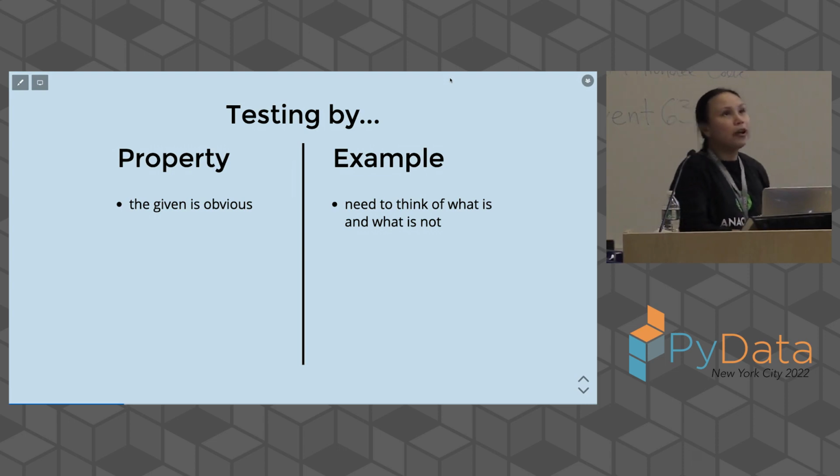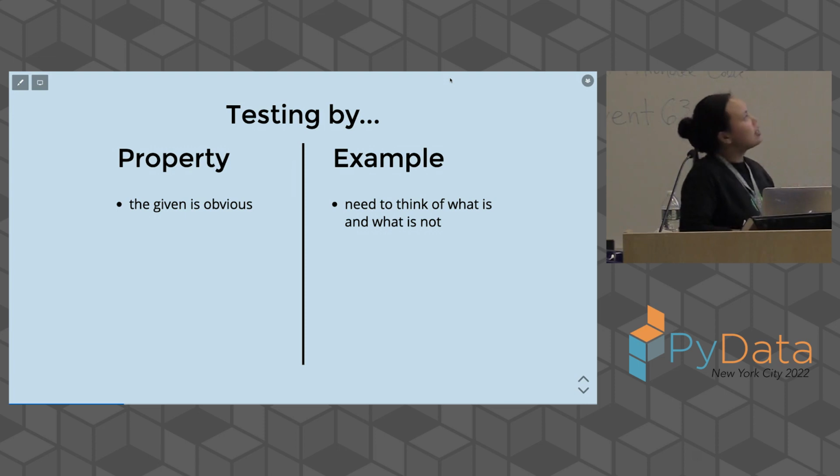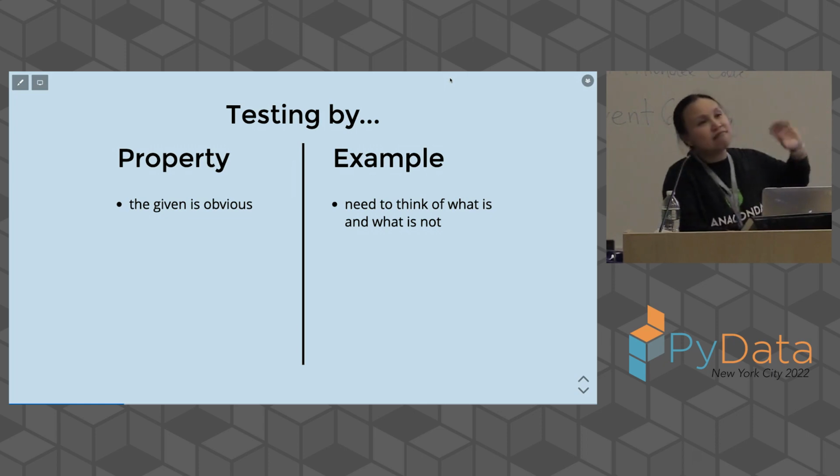For example, if you have a function where the inputs are two integers, that's what it is. You don't have to think, oh, what is an integer? Is it 0? Do I have to test 0? Do I test negative? Are they just positive or negative? Do I test a very large integer? You don't have to think of that. It's just given.